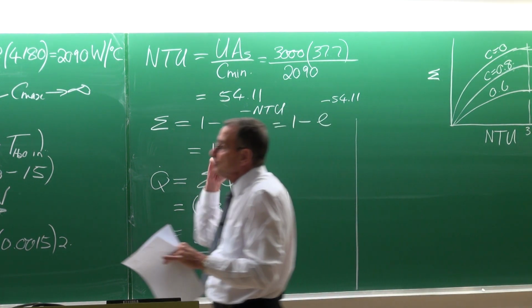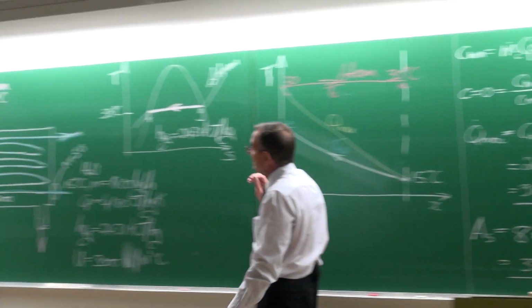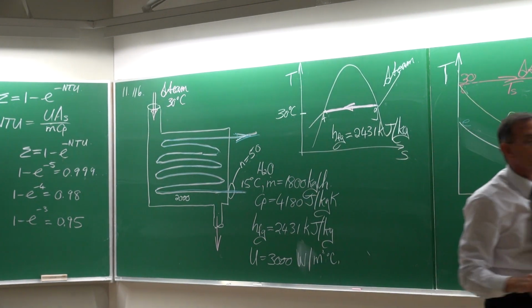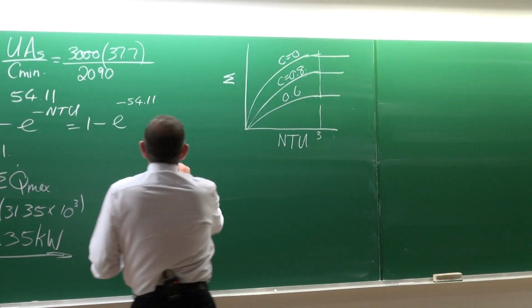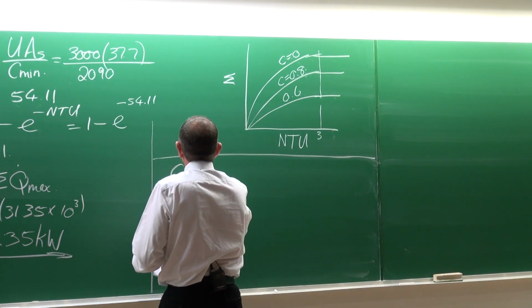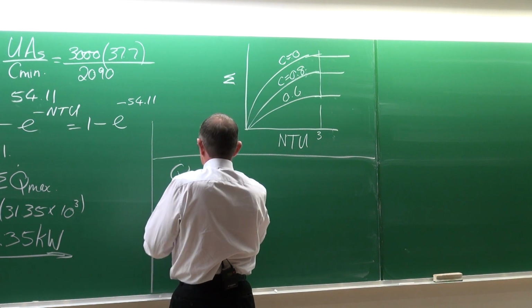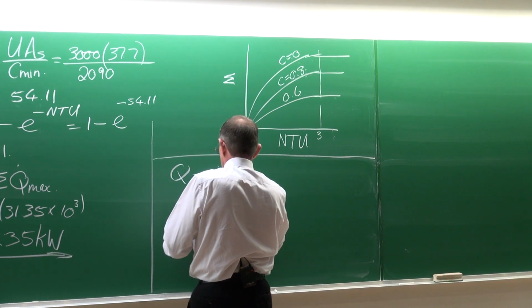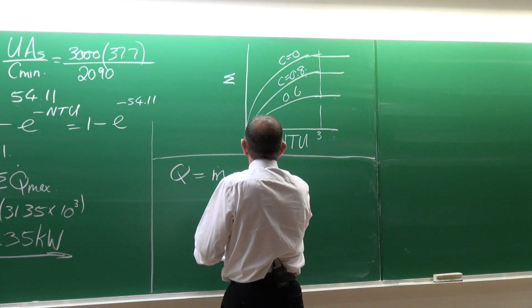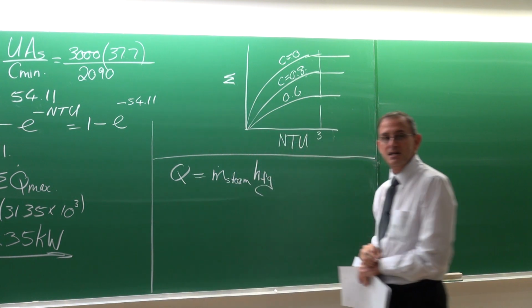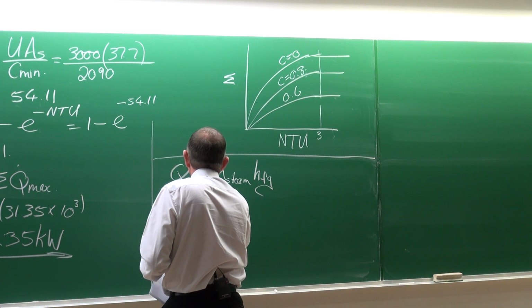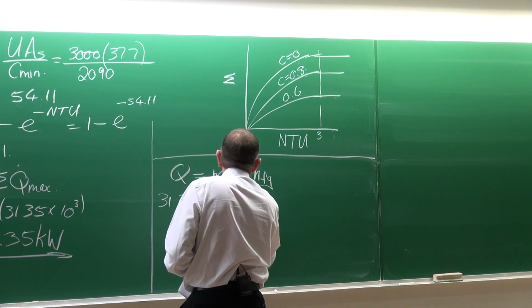We would still like to do two things, and that is we would like to calculate the mass flow rate of the steam, and we would like to calculate the outlet temperature. So let's go and do that quickly. The heat transfer rate would be equal to the mass flow rate of the steam multiplied by HFG of the steam. The heat transfer rate is equal to 33.35 kilowatts.